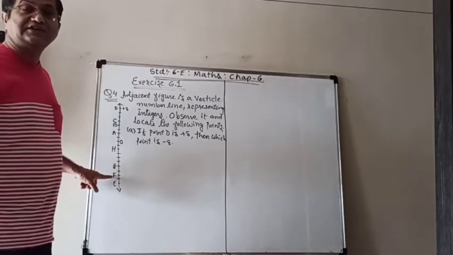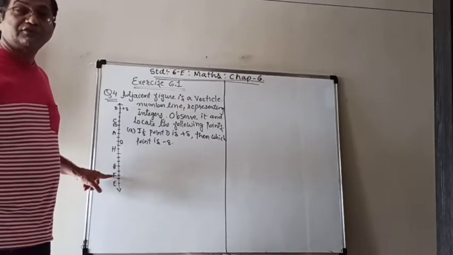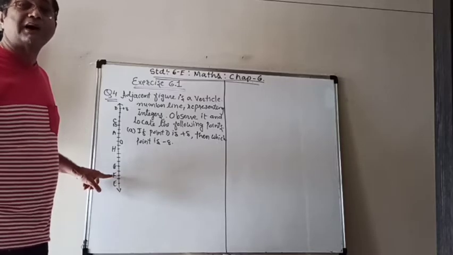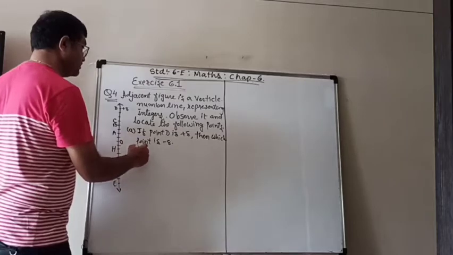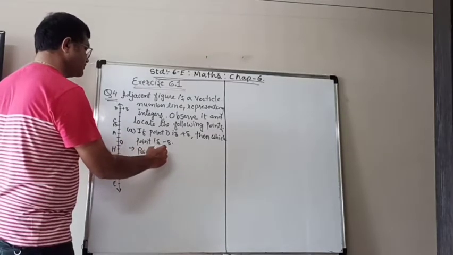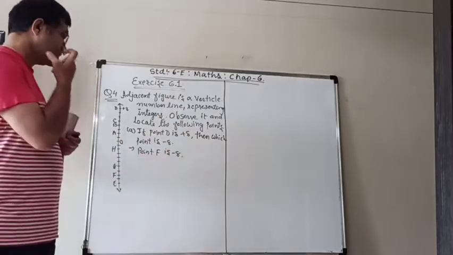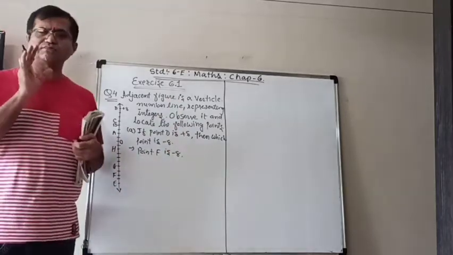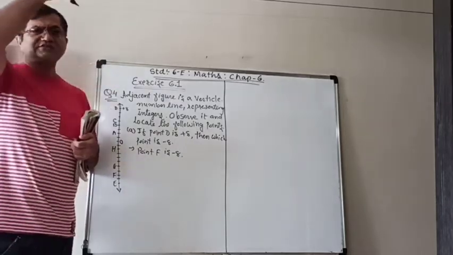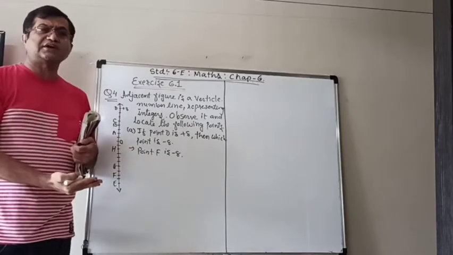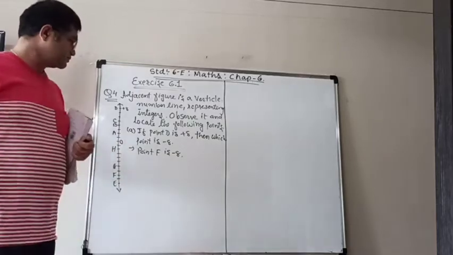F is 8 steps away from 0 downwards. So point F will represent -8. So the answer will be point F is -8. It is very simple, just be careful, count 8 steps downwards. Positive integers upside, negative integers downside. Whatever the number is, that many steps from 0 we have to count.